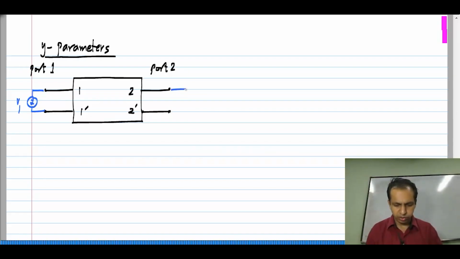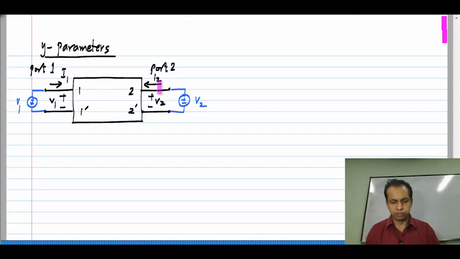V1 is applied this way, V2 is applied that way, and so we will have V1 across this and V2 across this, and we will have I1 here and I2 there. Again, these directions are conventions for defining the variables. The actual current may be anything depending on the insides of the circuit.